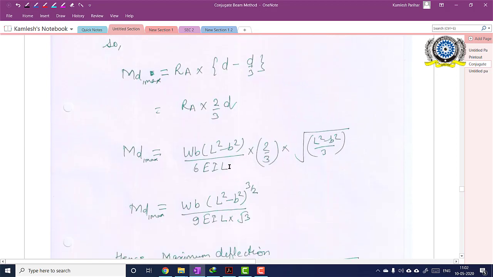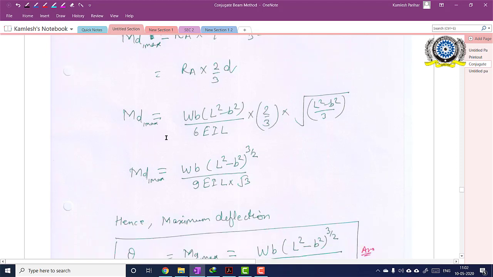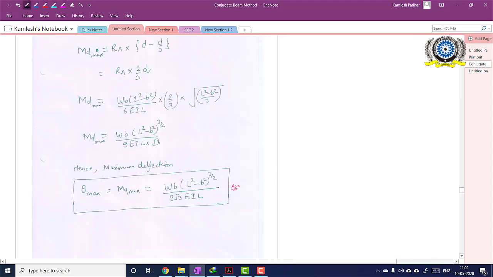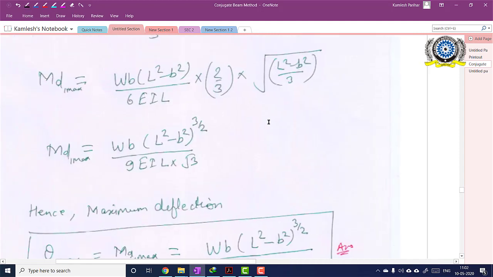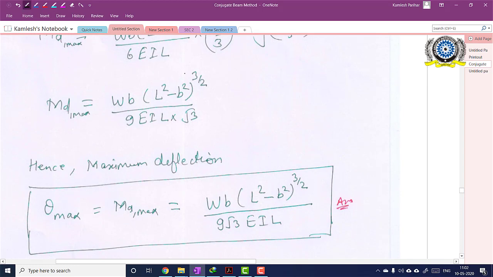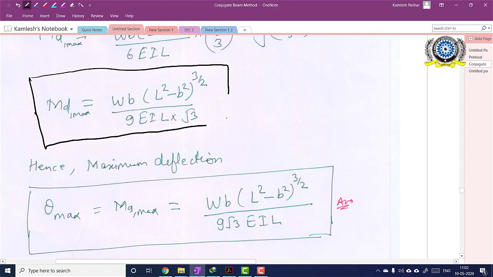Simply put the value of D as calculated above, and what have we found? MD max, that is the maximum bending moment. So this is the maximum moment that we have calculated. This is coming out to be MD max equal to WB (L square minus B square) to the power 3/2 upon 9 EIL upon root 3.